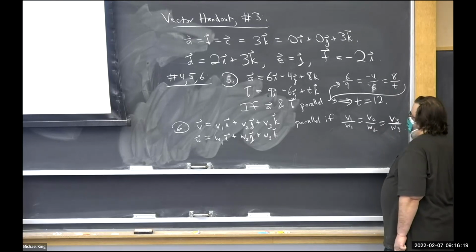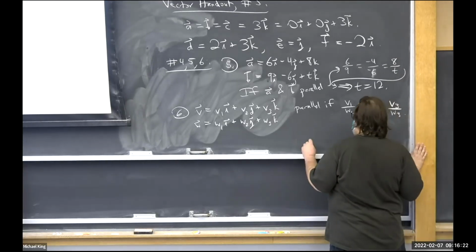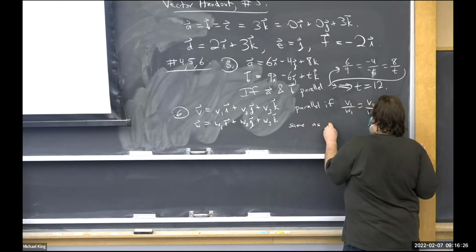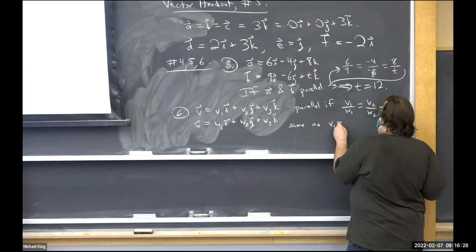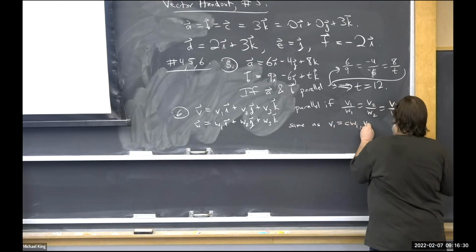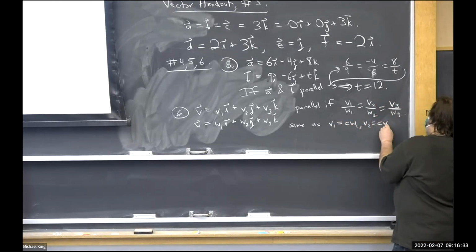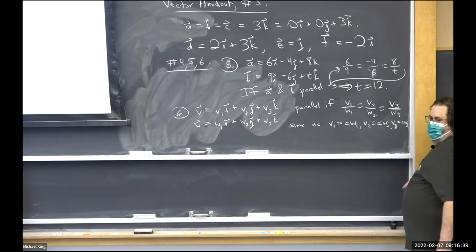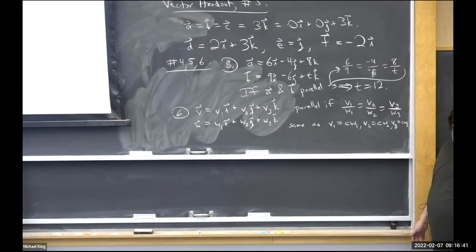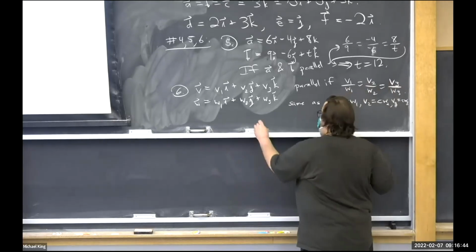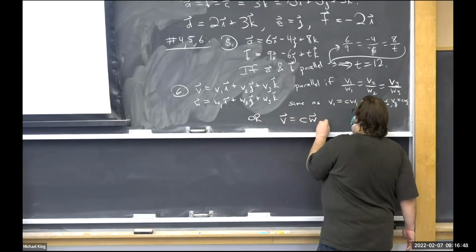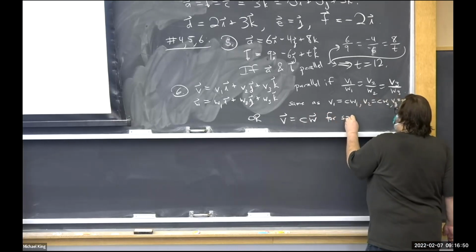You could say the same as V1 equals C times W1, V2 equals C times W2, V3 equals C times W3 for the same C value. Or really, just that V equals CW for some choice of constant C.